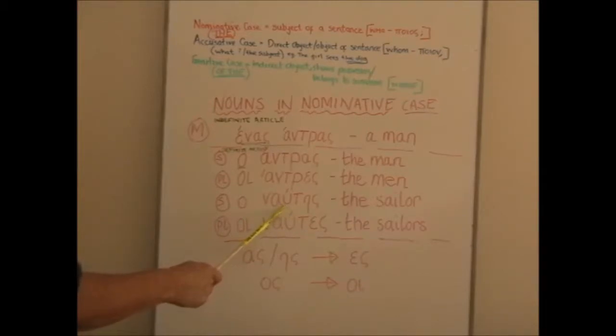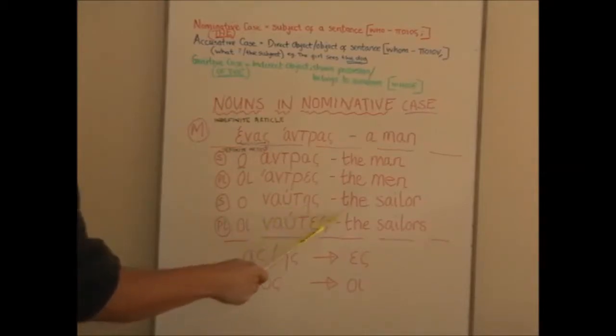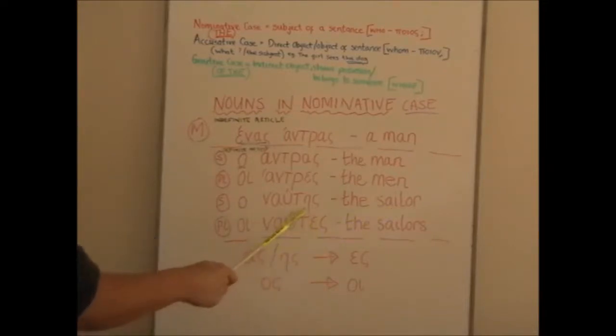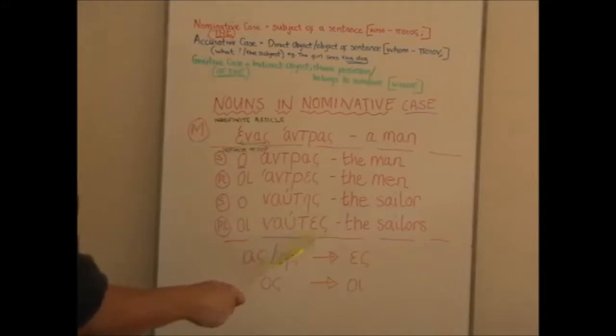This is af in this instance. Or naftis, the sailor. So look, we finish is, so this changes to s. For plural, i naftes, the sailors.